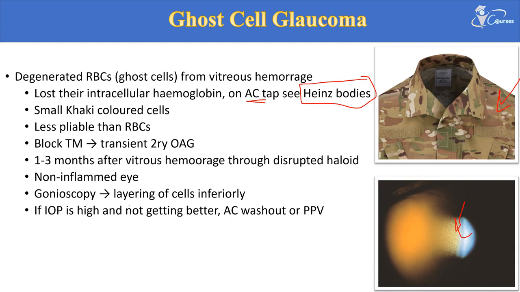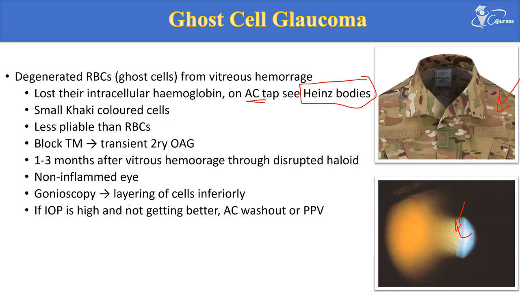Those patients will have a non-inflamed eye, with gonioscopy showing layers of cells inferiorly. If the intraocular pressure is high and not getting better, then anterior chamber washout with or without pars plana vitrectomy.